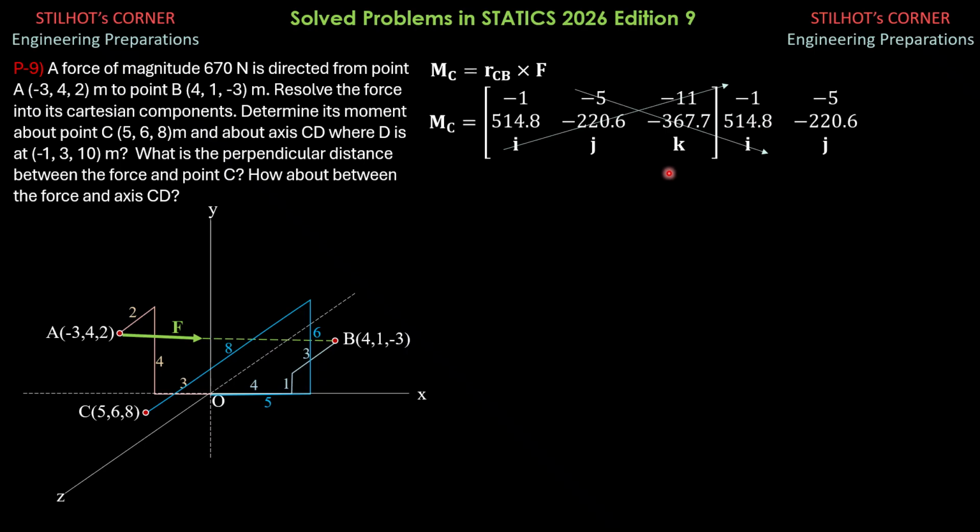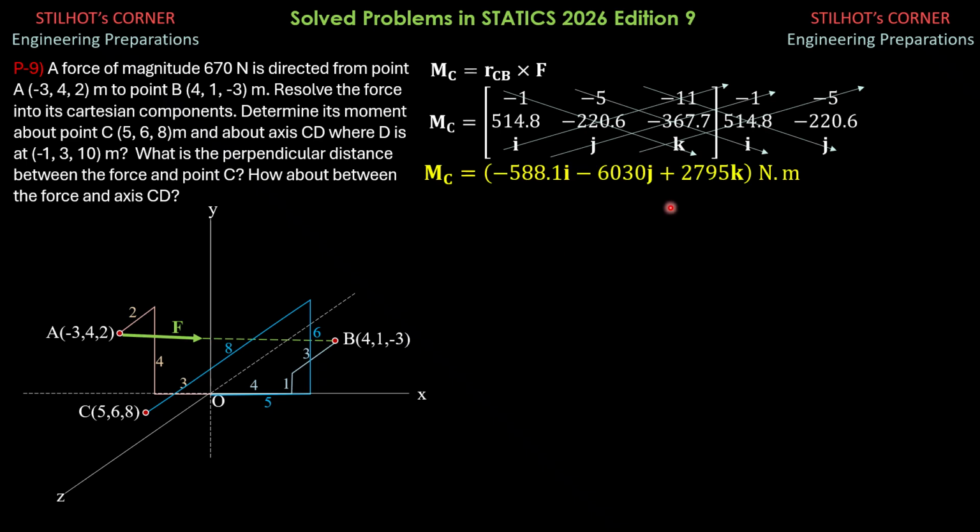You just calculate using your calculator there. Then for j, we have negative 11 times 514.8 j, then minus positive 367.7 times 1 because that's positive. Then for k, we have positive also, negative 220.6, then minus this negative, so plus 514.8 times 5. So the result would be this: negative 588.1 i, negative 6030 j, and plus 2795 k Newton meter, which is the same as before.